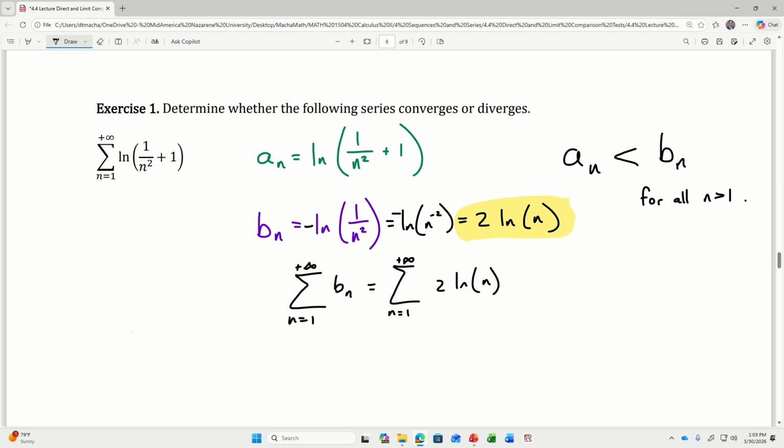Okay, so now what I'm looking for is to say if an is less than bn, I'm rooting for bn to diverge or converge. Converge. I'm looking for bn to converge. And then if bn is trying to converge, does bn converge? No, because if I'm adding up natural logs, that's only getting bigger and bigger, and bn diverges.